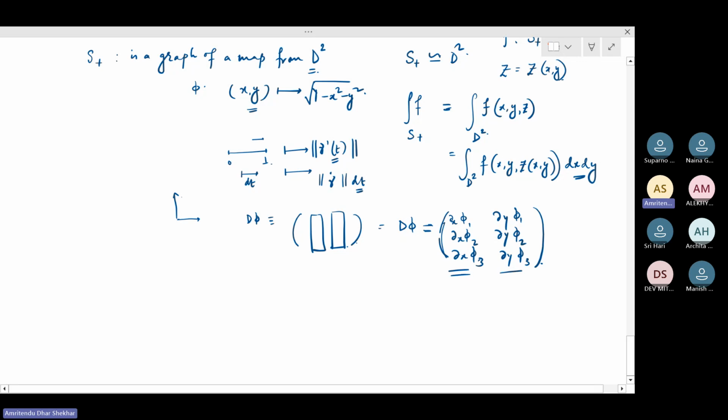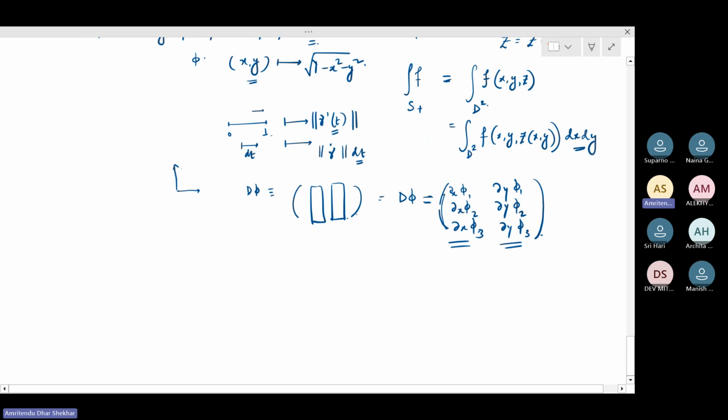So what do these two columns actually indicate? So the two columns indicate that if you have this, think of this as R2, okay? So this is R2 and you have two vectors. There's one vector which increases the x direction, and then there's one vector which increases the y direction. So think of the unit vector in the x direction, let's call it x cap, and take the unit vector in the y direction, y cap.